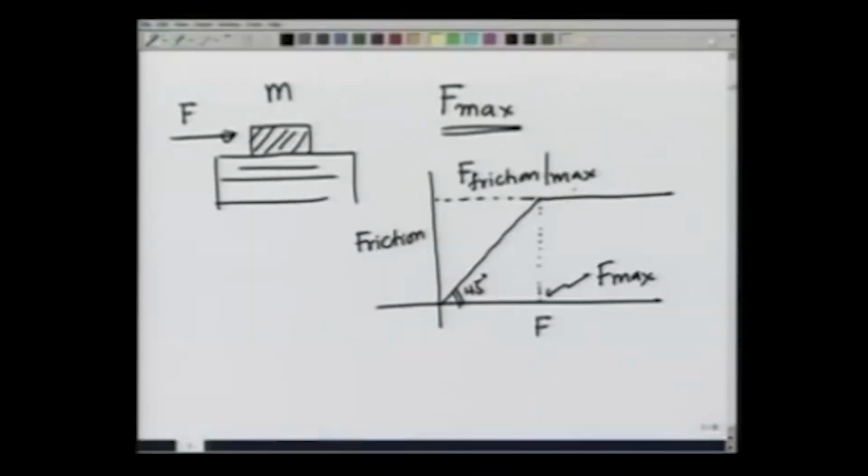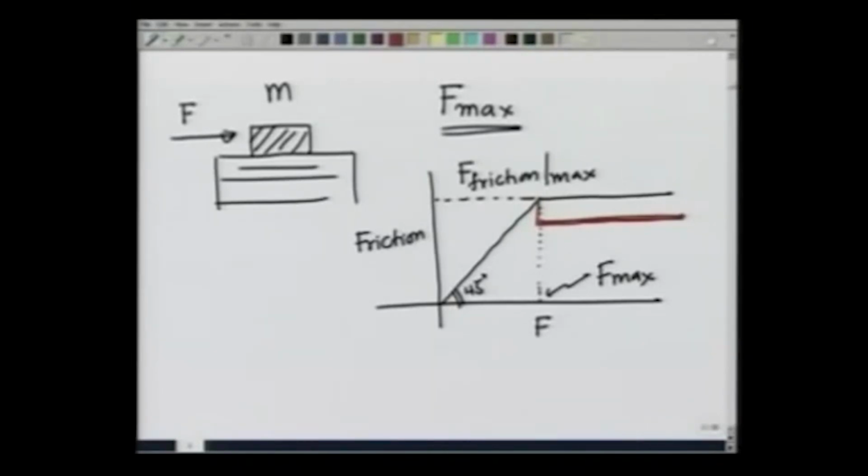In practice, the line does not go like this, but when the body starts moving, the frictional force reduces a bit. So actually, frictional force looks something like this. When it starts moving, when you go beyond F max, frictional force goes below the maximum value of friction.